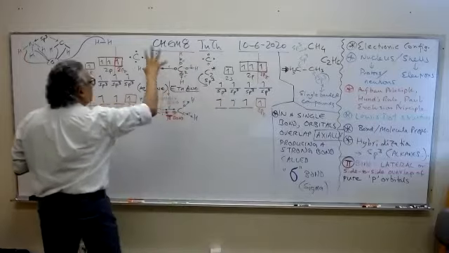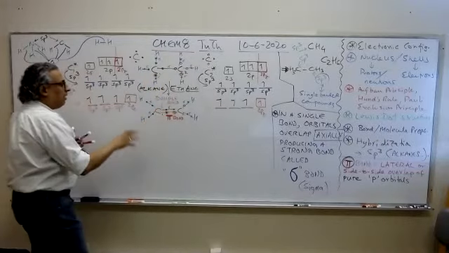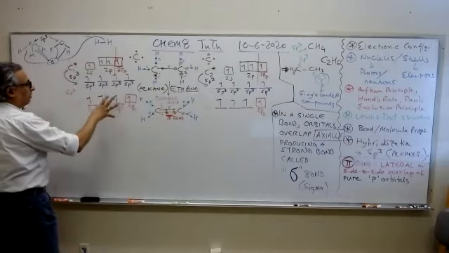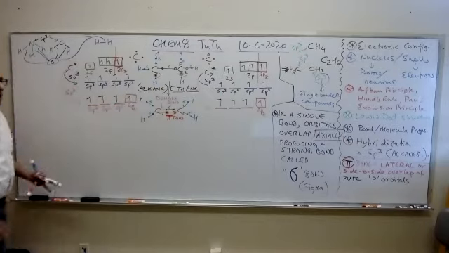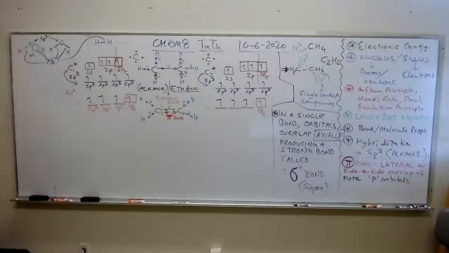We are going from a single bonded species to a double bonded species, okay? And we just figured out what kind of hybridization should happen in a double bonded species. Are we good so far? Any questions?